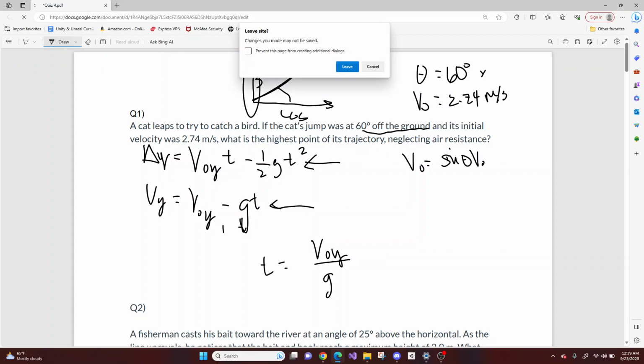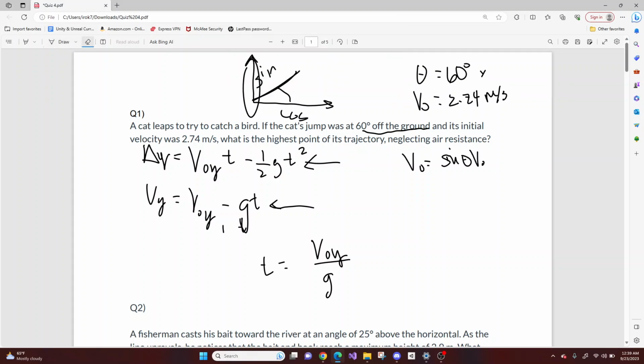Or let's write that a different way because that's kind of an ugly way of writing that. We know that v naught of y is equal to v naught times sine of theta.